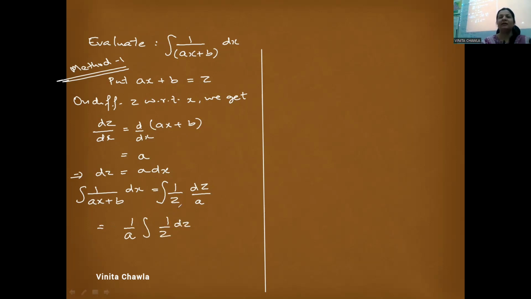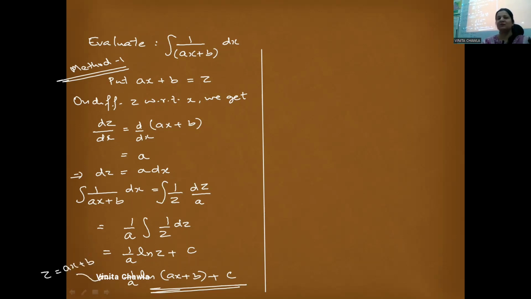So on integrating 1 upon z, we get ln z plus constant. Now simply write the value of z here. It's nothing but ax plus b, and this is the final answer. Because z is ax plus b, you put the value of z here and you'll get your final answer. This is integration by substitution, which we have already discussed.